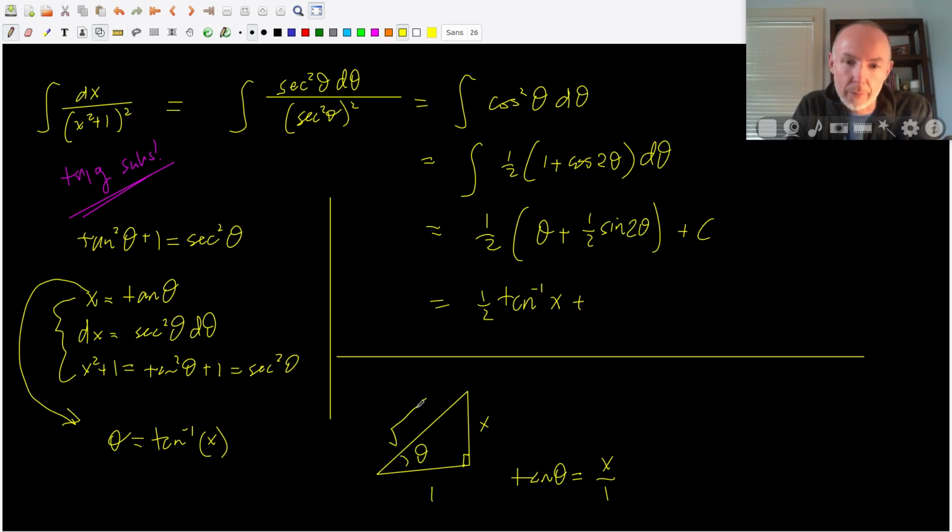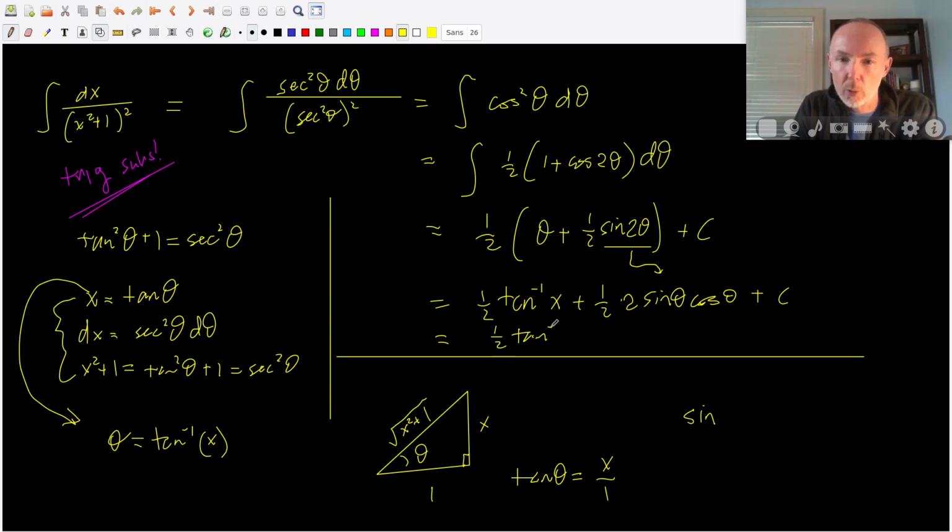So this is the square root of x squared plus 1 squared. All right? And that gives us the two pieces we need, because, let me rewrite this one more time, sine of 2 theta using a double angle formula is twice sine theta cosine theta. And so what we need is sine theta and cosine theta.